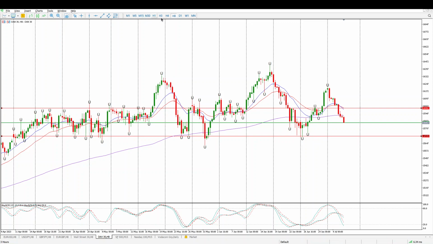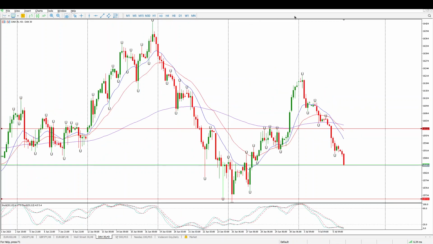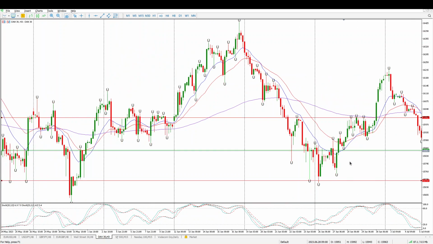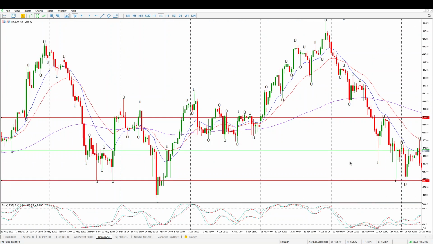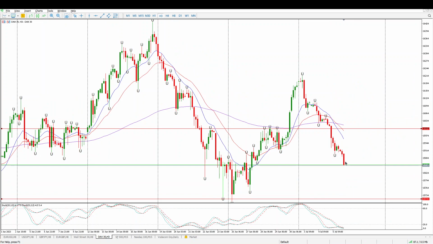So what we need to be doing is being very cautious, and you can see what I mean. So yesterday we kind of dropped pretty quickly, and then the US session inside bar there, and this morning we're just falling as the Asian market overreacts to the Fed minutes. I always find that fascinating.